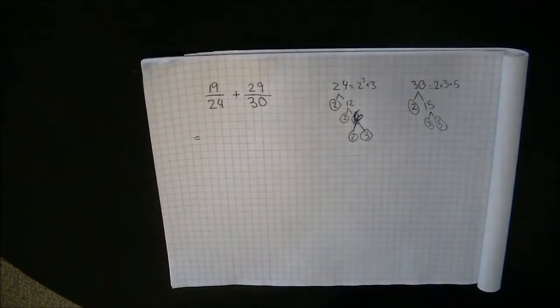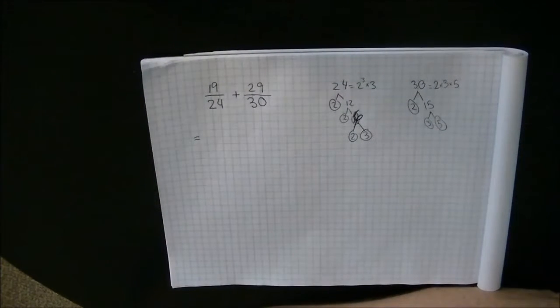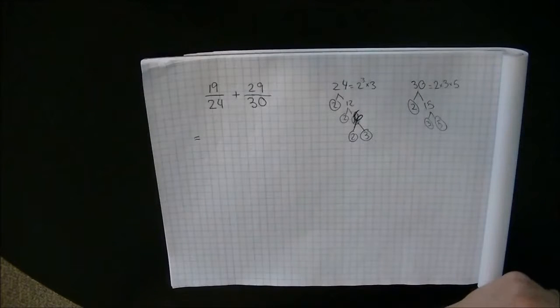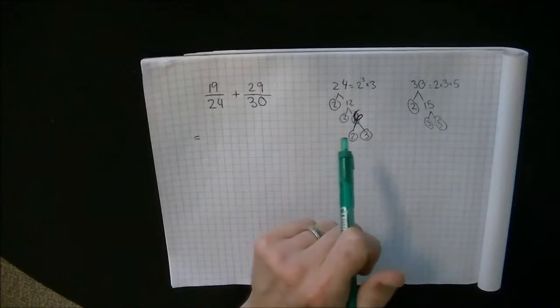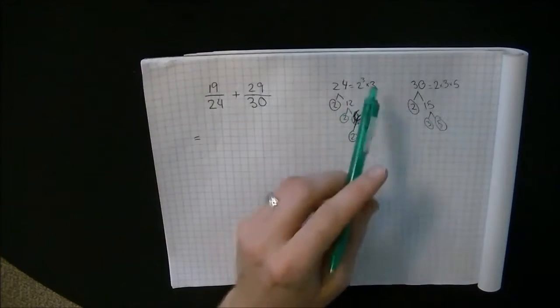Okay, so in order to find the common denominator then, to find the lowest common multiple, is just take as many 2s, 3s, and 5s as I need to get both numbers.